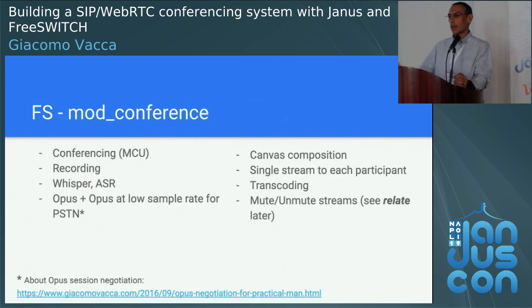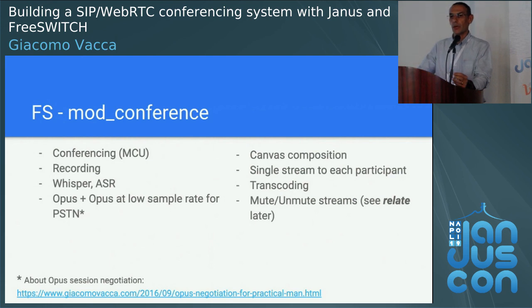There are a few interesting features in mod_conference related also to recording, and in Nexmo we do separate multi-stream recording, so each stream is recorded separately. For what concerns video, there's canvas composition.